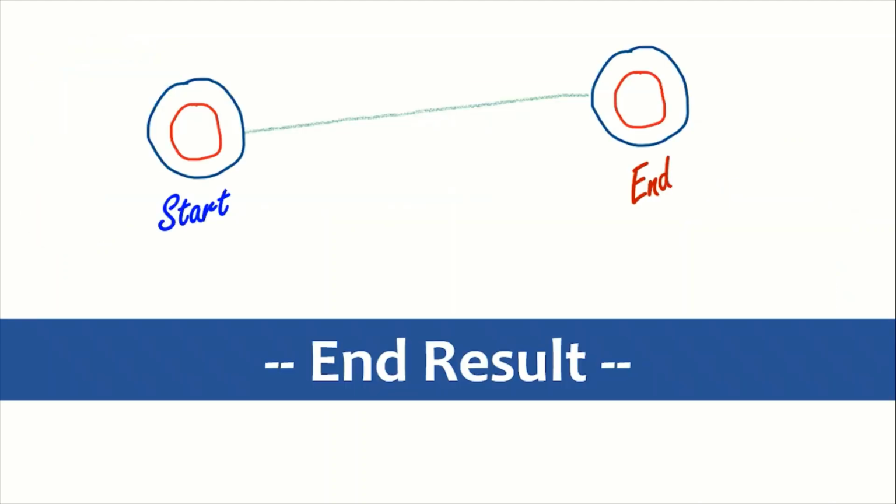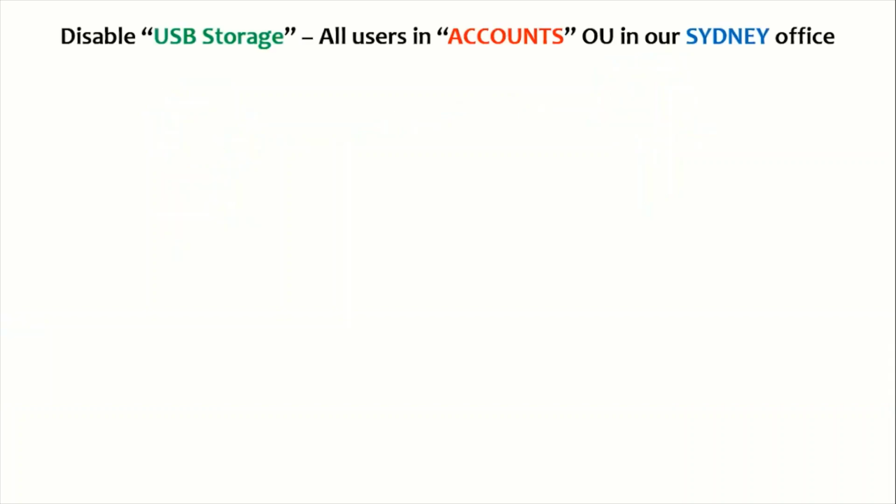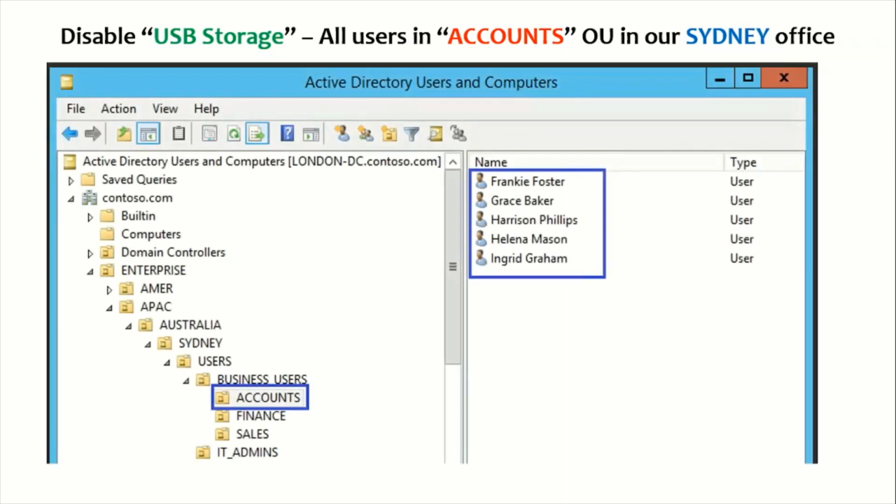Before going ahead, let us understand the end result that we are expecting. In our labs, we are going to disable USB storage for all the users in our accounts department in our Sydney office. We will create a policy and link it to the accounts OU under the Sydney office, and all the accounts users won't be able to access the USB storage.